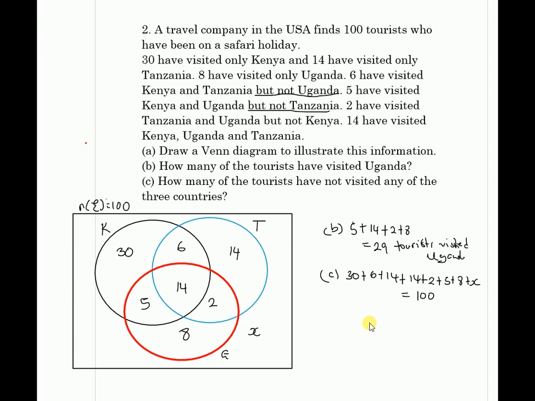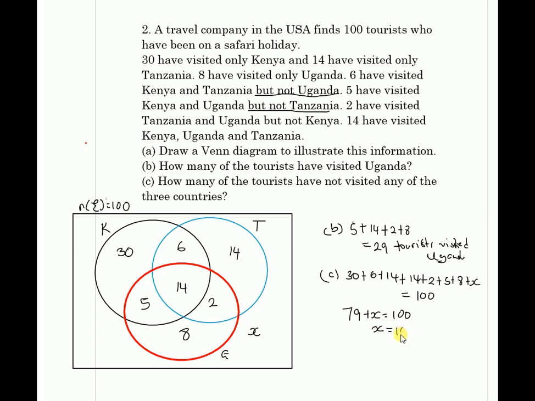Now when I add all the values I have there, 30 plus 36, that is 50, 64, I have 79. So 79 plus x should give 100.